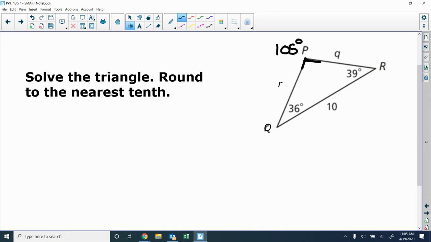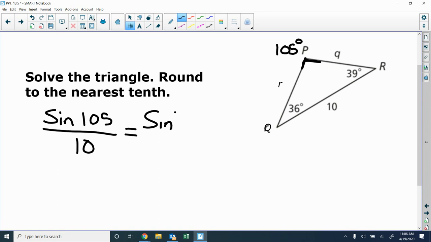So right here is 105. So that's the only side we have, so we're going to have to use that. The sine of 105 degrees over 10 is equal to, well, it doesn't matter which one we use, we'll use sine of 39 over side R. Okay?